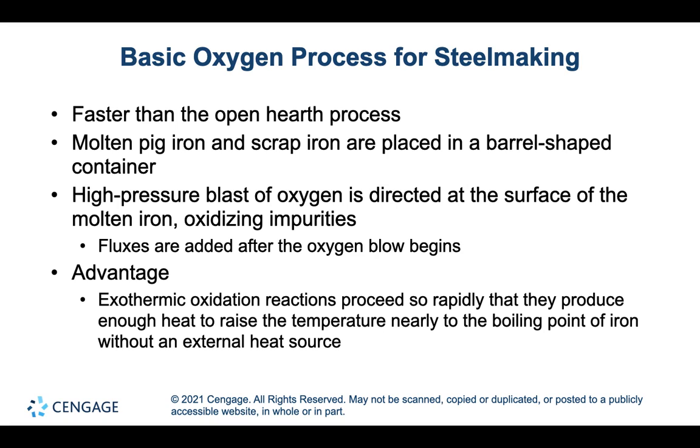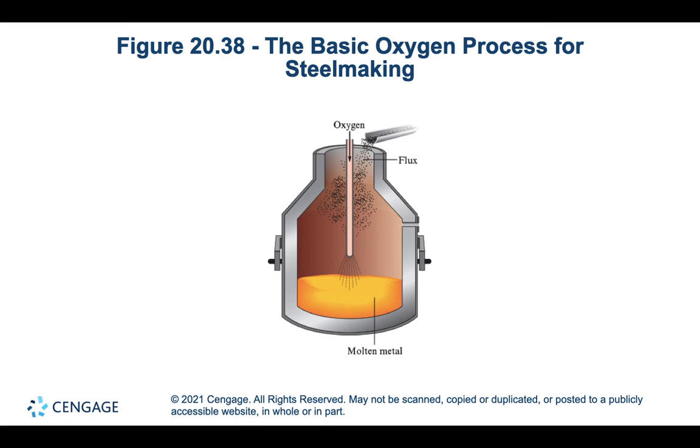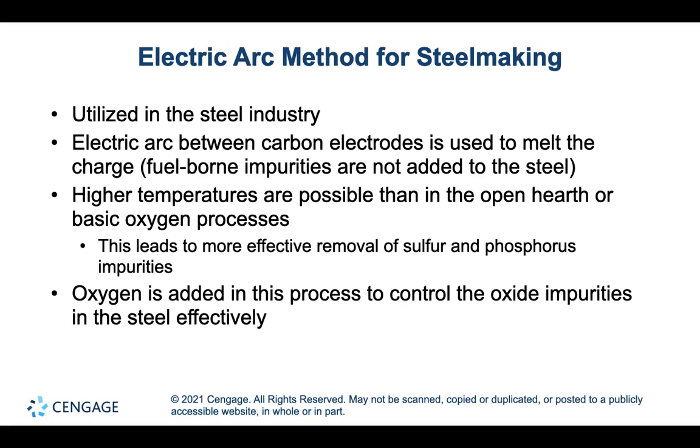And then the exothermic reactions that are occurring are high enough to nearly boil the iron out. It doesn't completely boil it out, but it's enough to drive off the unwanted chemicals. Then you add flux to it.